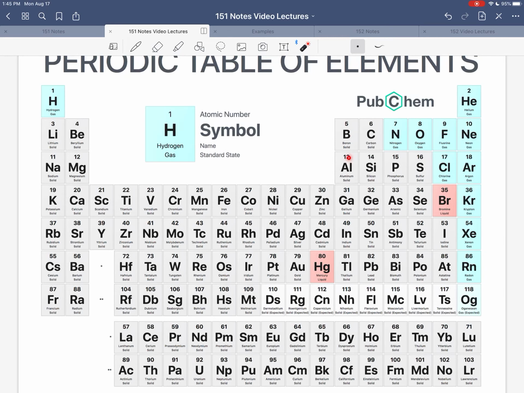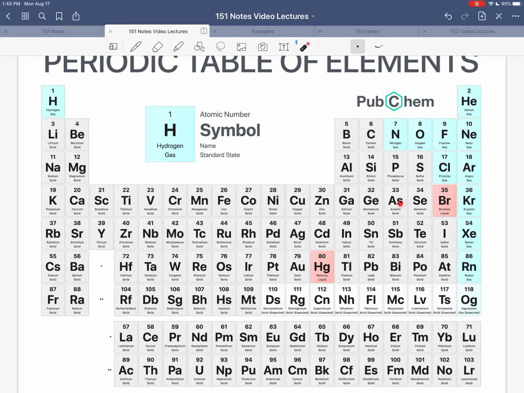Then you got boron, aluminum, gallium, indium, thallium, carbon, silicon, or silicone, however you want to say it, germanium, tin, lead. So you got Sn is stannum, we call it tin, and Pb is lead, but plumbum is the Latin name.